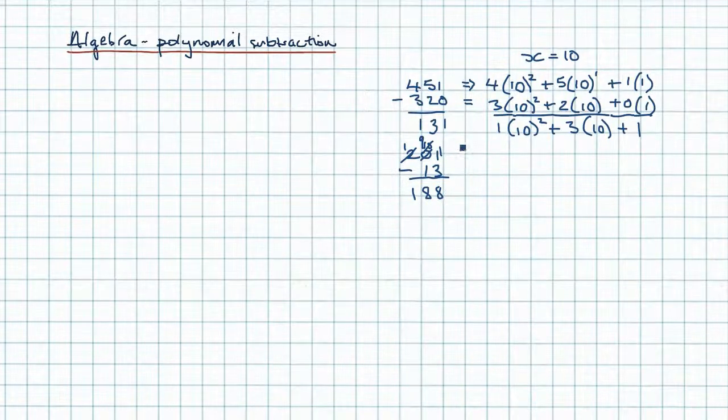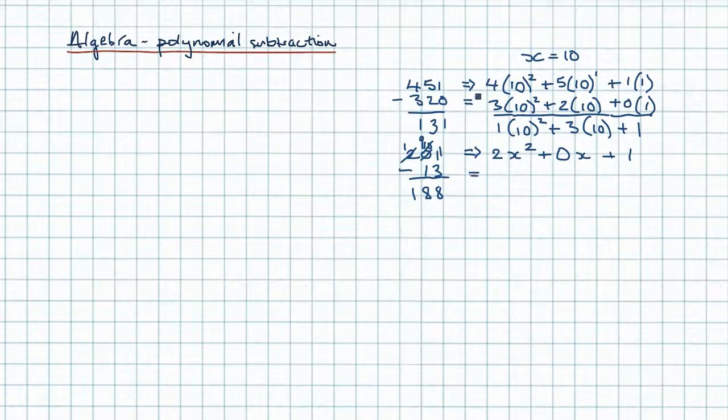Now the point is, we can't do that if we are dealing with x terms. So we would have 2x squared, where x equals 10, so instead of writing 10 squared we'll write x squared, plus no x's, plus 1.